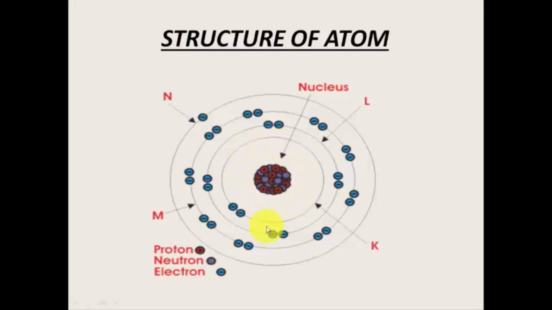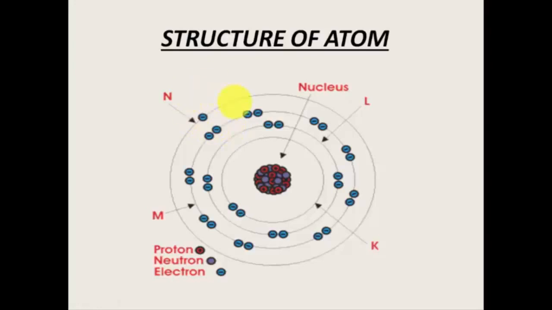Now around this nucleus there are various orbits, as you can see, and in these orbits exist the electrons. These electrons are negatively charged particles. In the outermost orbit, in this case, there is only one electron, in the final orbit. This electron is generally loosely bound to the atom because it is far from the nucleus.